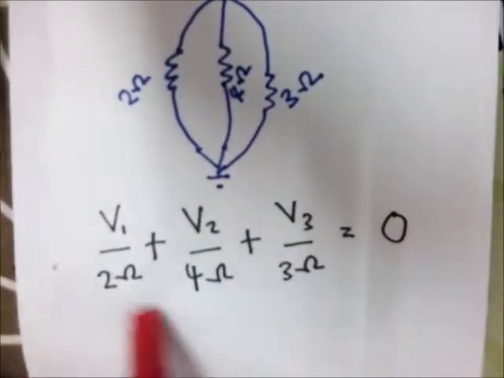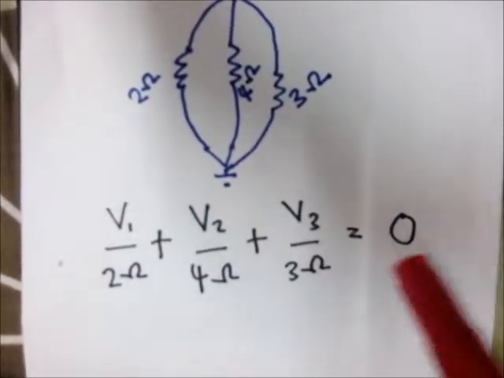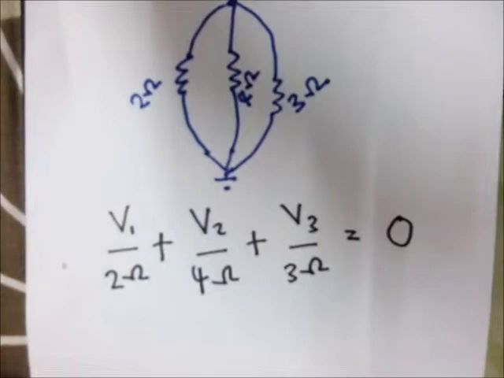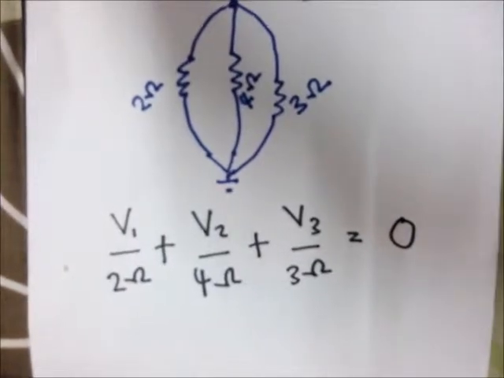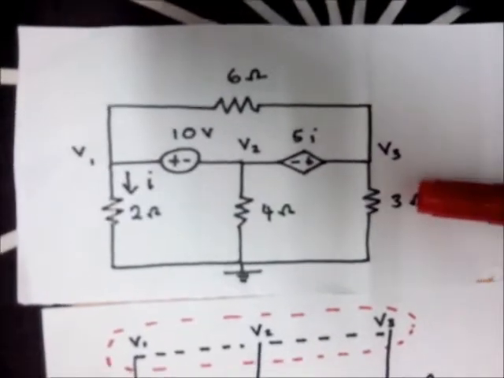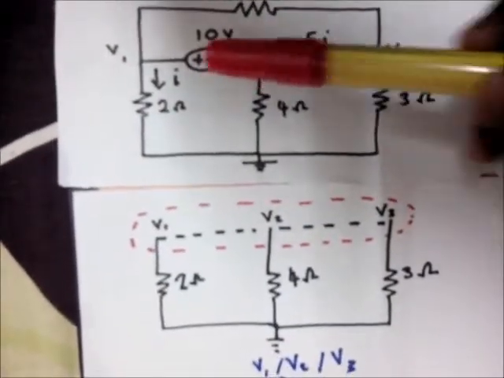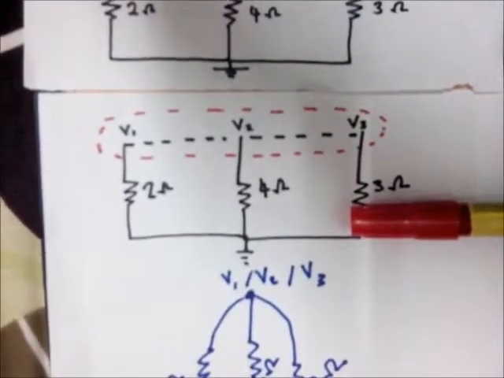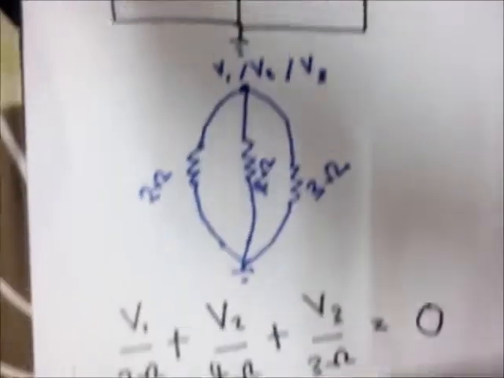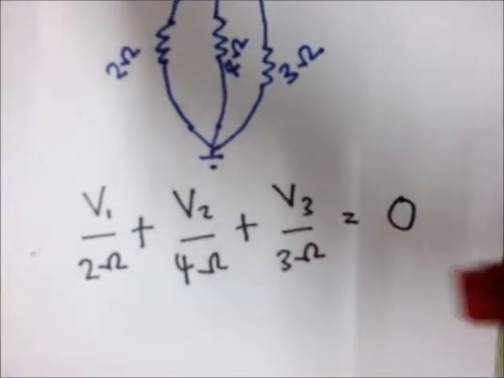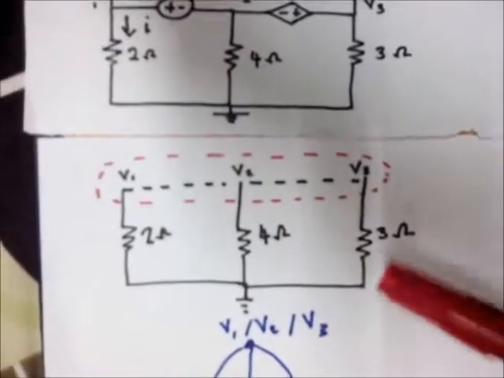From this we know the equation is formed by the step where we remove the voltage source. Earlier the circuit was like this, then after we remove the voltage source the circuit is like this. So we know how to form the equation from this circuit.